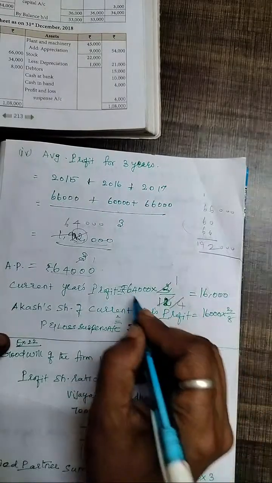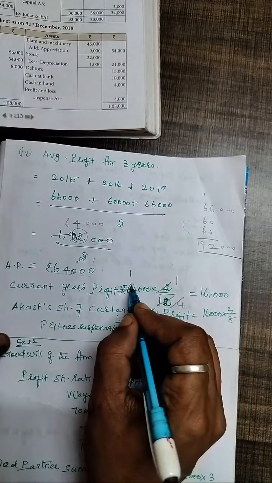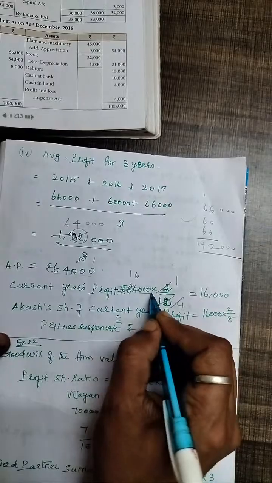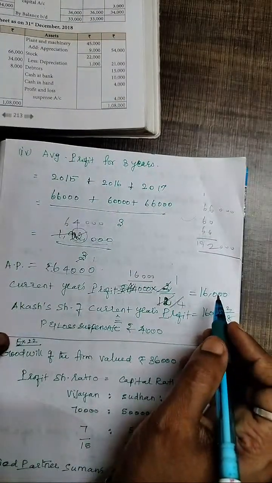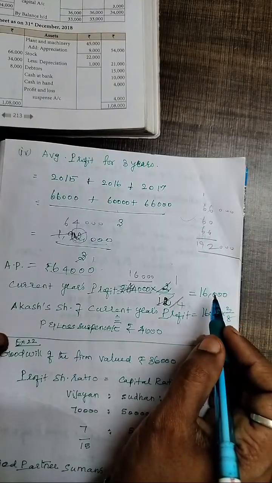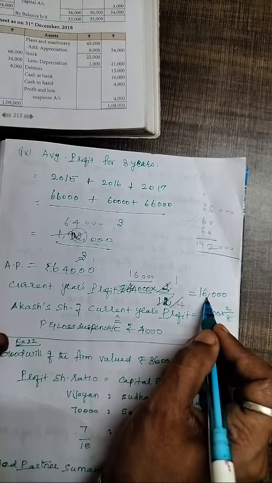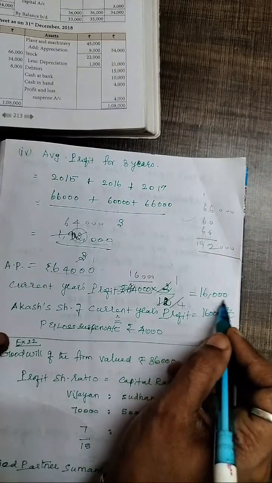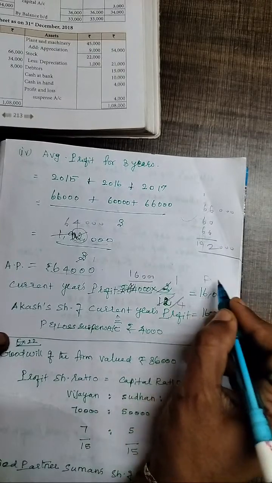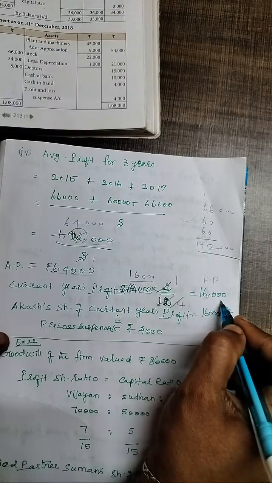Okay, 1 4 is 4, 4 4s are 16, and the zeros added here, so 16,000 rupees. So the firm's current year profit is 16,000 rupees.